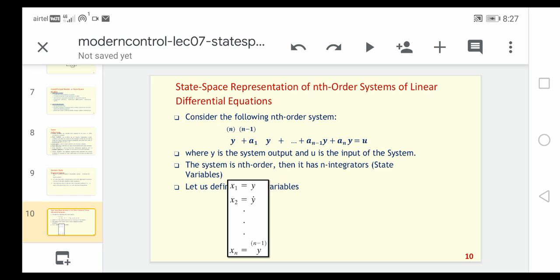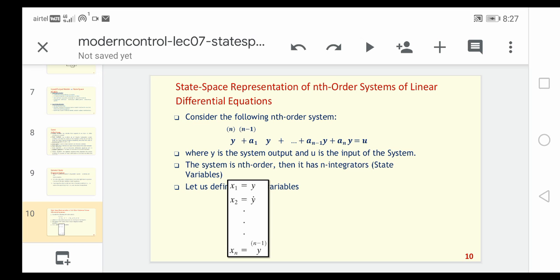For example, the state equation of an nth order linear differential equation: we always consider y to the power n plus a n minus 1 into y to the power n minus 1, and so on, equal to u. That is an nth order differential equation in y, where y is the system output and u is the input of the system.